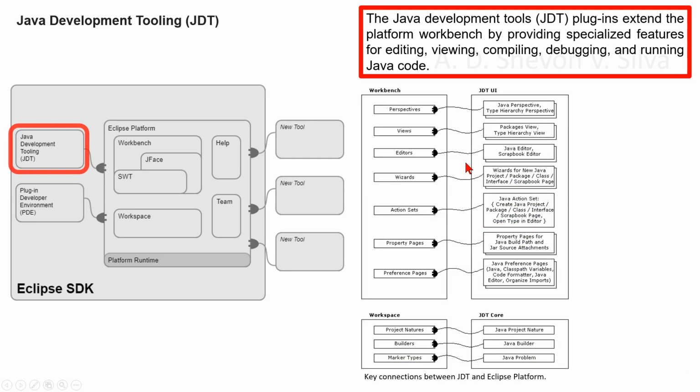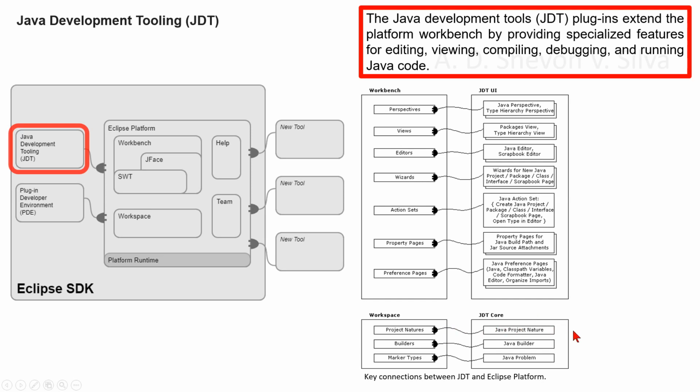Now here you can see key connections between JDT and the Eclipse platform. The JDT is implemented by a group of plugins, with the user interface in a UI plugin and non-UI infrastructure in a separate core plugin.